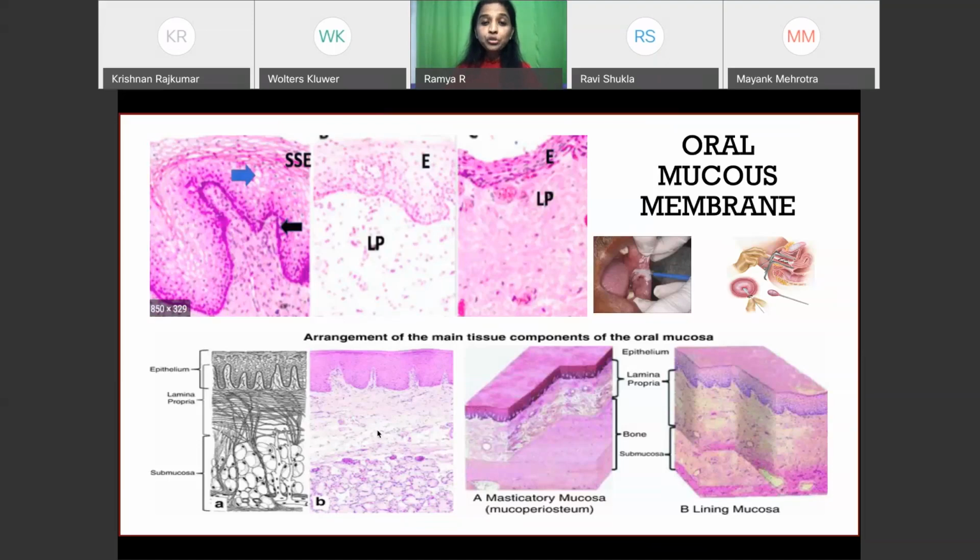Tissue-wise, mucosa-wise, it is heterogeneous. That is challenging, and that challenge has not been met to date, in spite of so much research activity happening. That also makes oral cancers still challenging because of this heterogeneity of the oral mucosa.